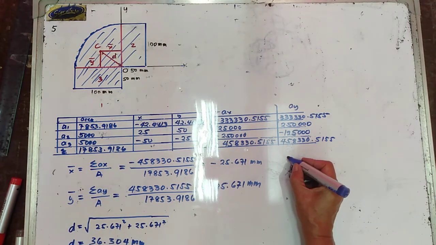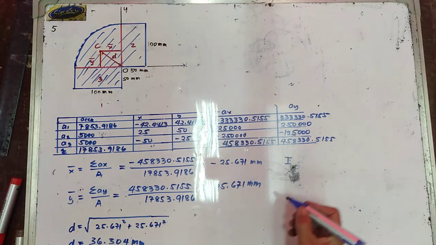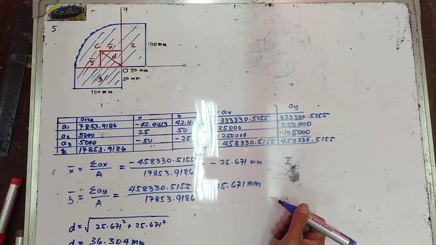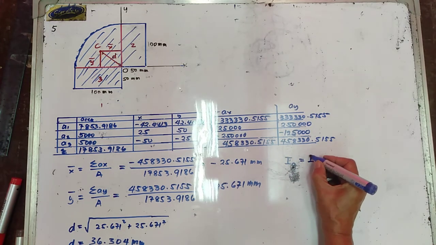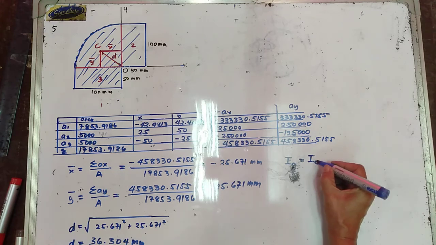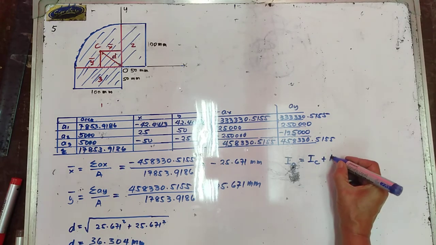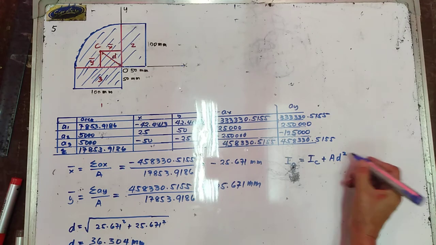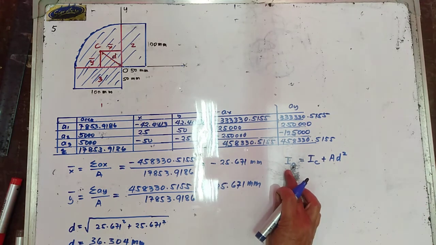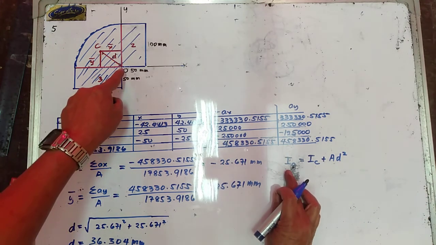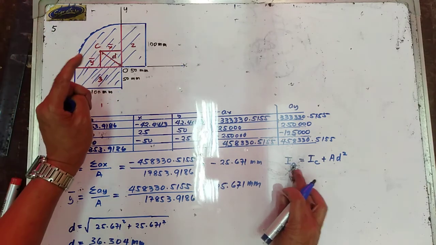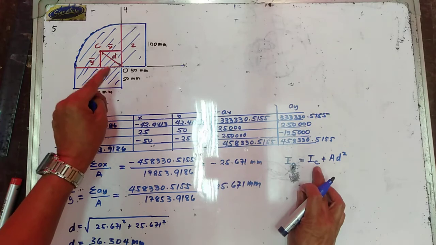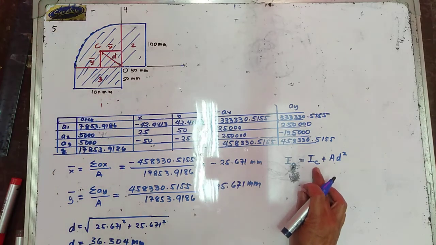So let's try to determine now the polar moment of inertia with respect to the centroid of the figure. So the polar moment of inertia with respect to O is equal to the moment of inertia with respect to the centroid plus AD squared. At this time, we are required to determine the polar moment of inertia with respect to the centroid.